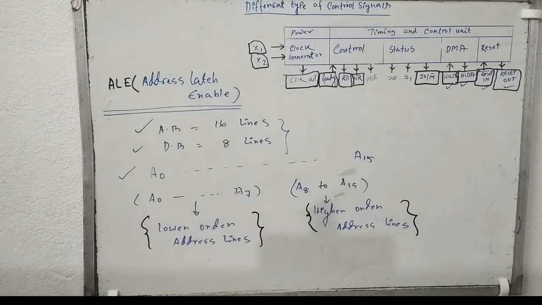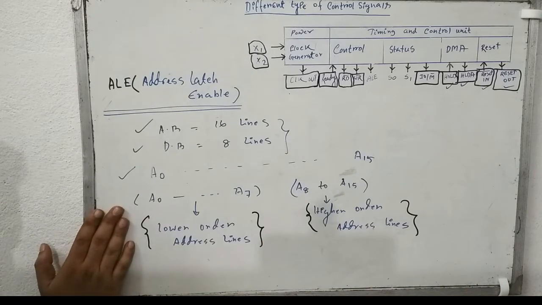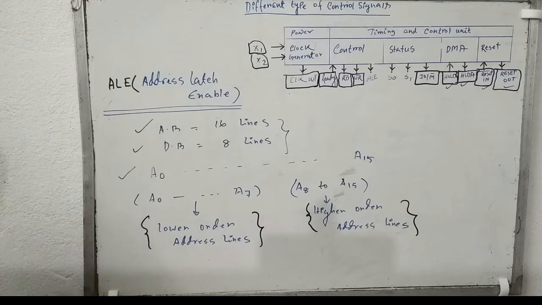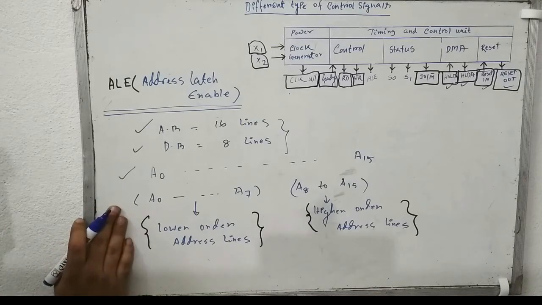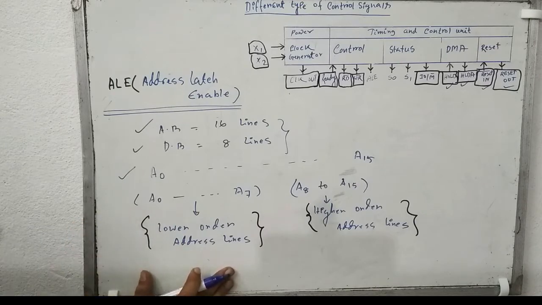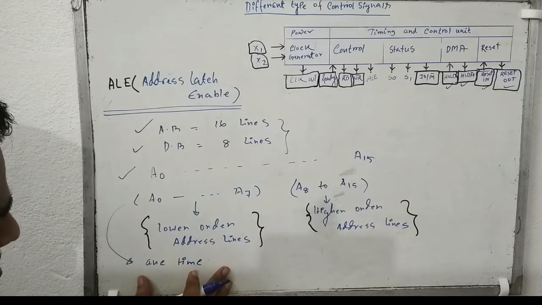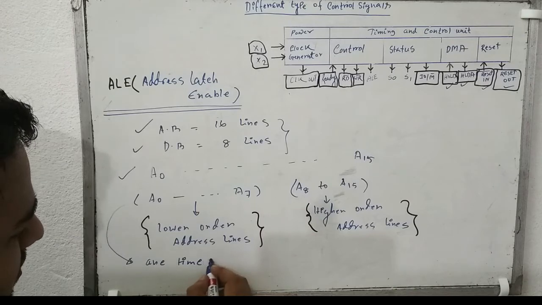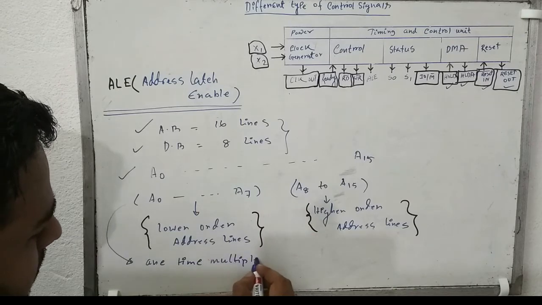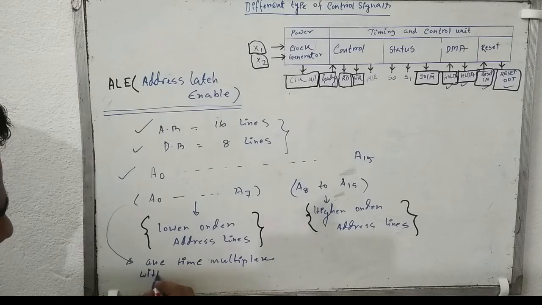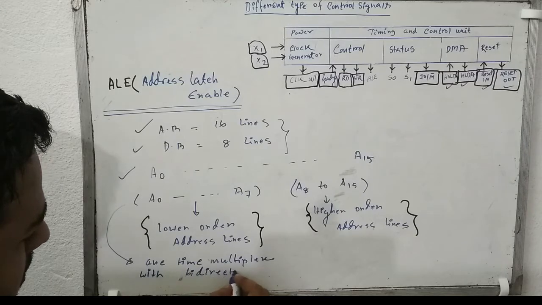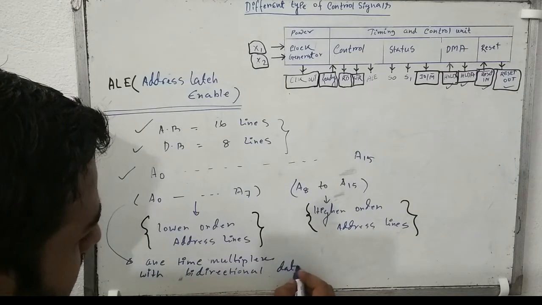Now these lower order address lines are time multiplexed with the bidirectional data bus. What we will do is time multiplex these lower order address lines with the bidirectional data line.